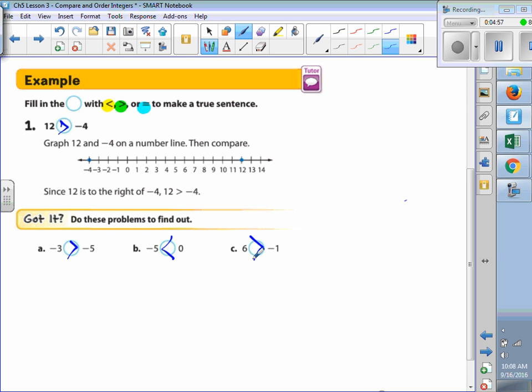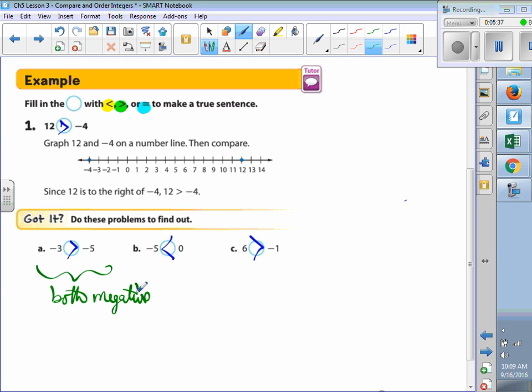Now, I also want to bring to your attention that when we are comparing without a number line, if they are both negative, the lower the number, the greater the size.